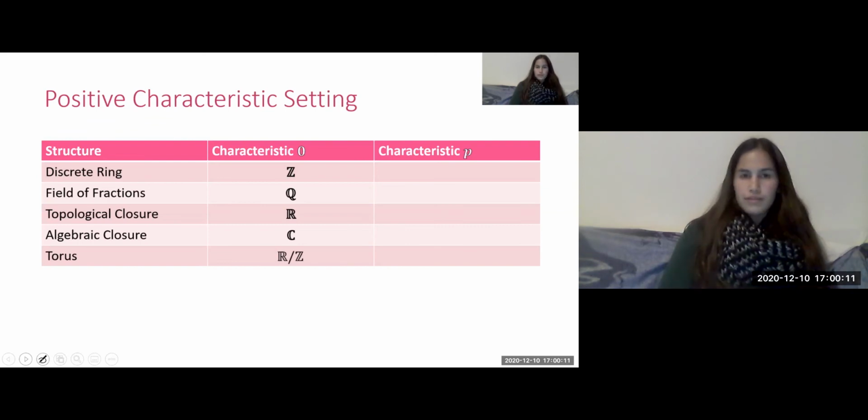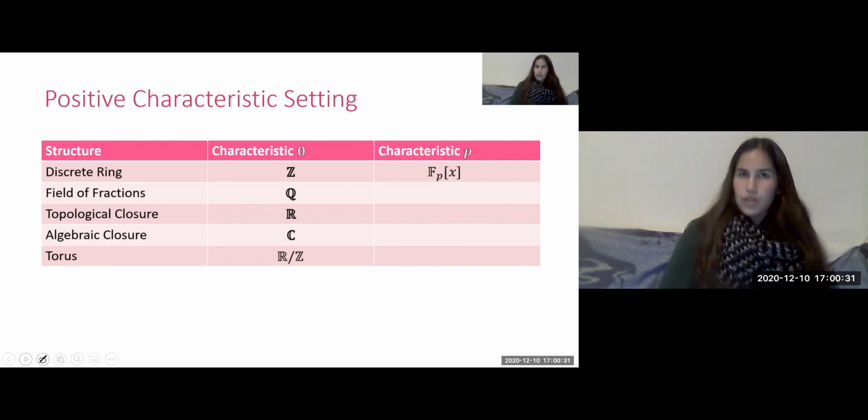So we can do this exact same thing if we start with a different discrete ring. In characteristic p, we take the discrete ring to be the ring of polynomials with coefficients in Fp, and we write that as Fp[x].